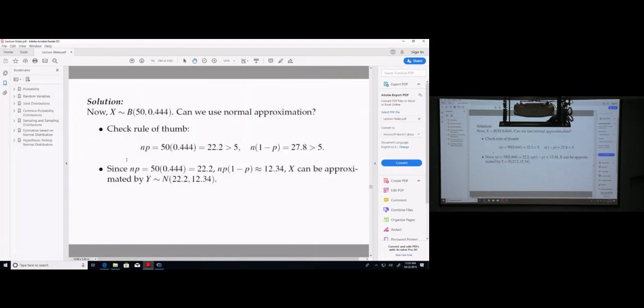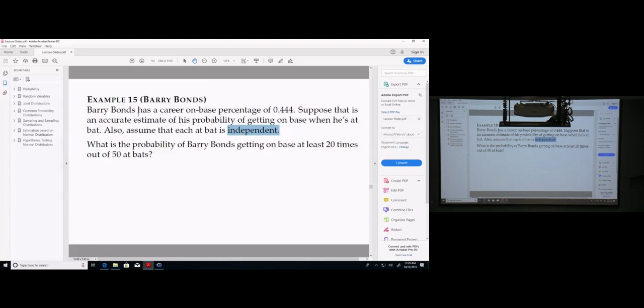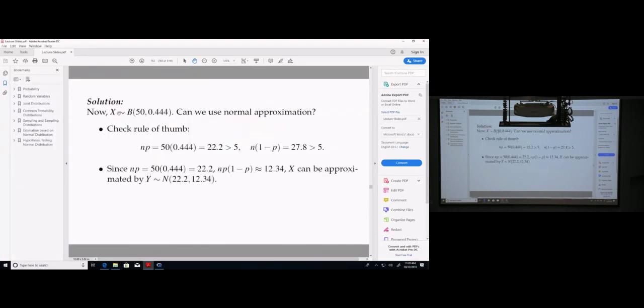So X would be counting the number of times he's successful out of 50, and this is the probability of success. Now we are trying to check whether this is fine. This is very much exceeding 5, and so it should be a good approximation.